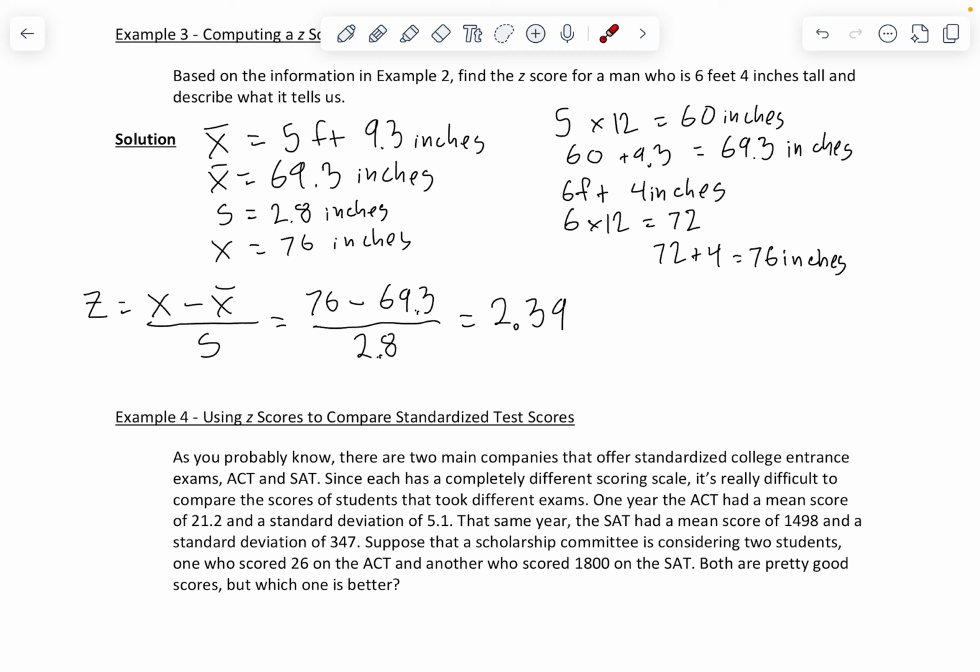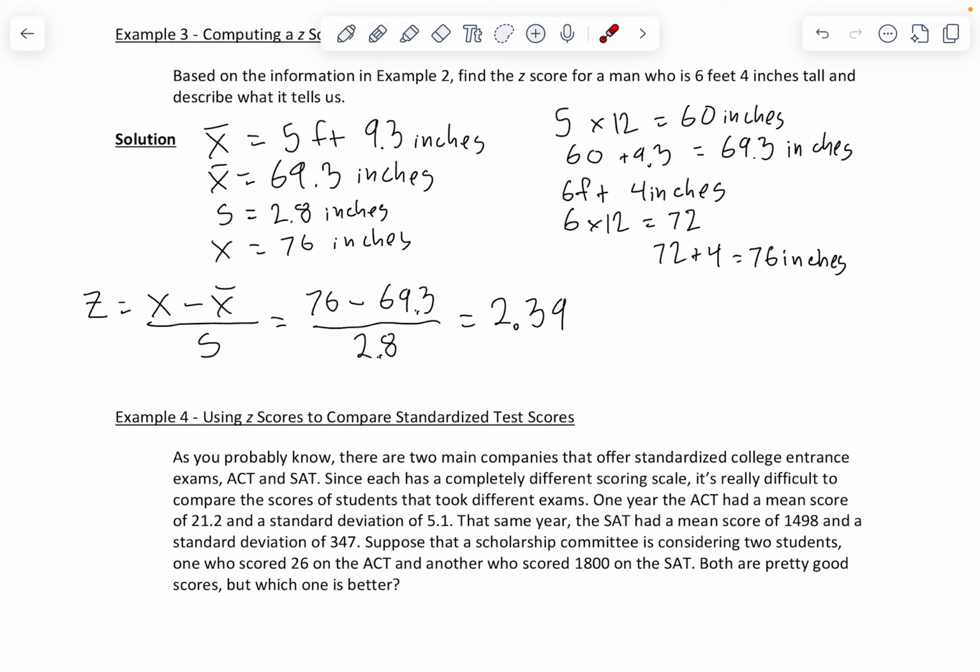One year, the ACT had a mean score of 21.2 and a standard deviation of 5.1. That same year, the SAT had a mean score of 1,498 and a standard deviation of 347.